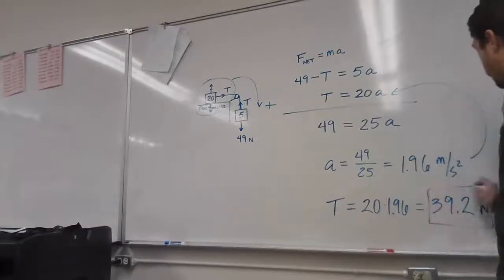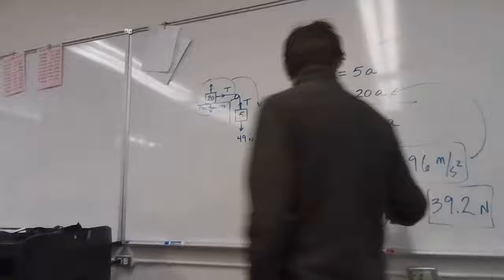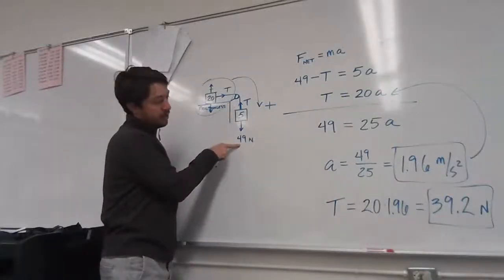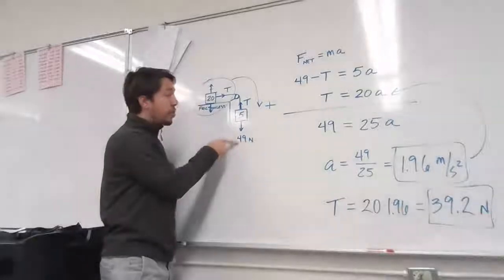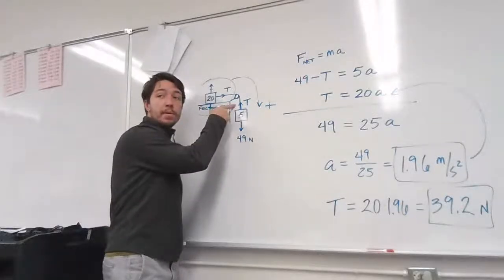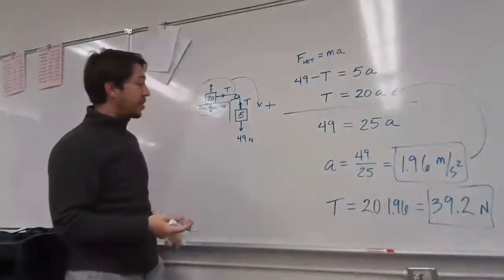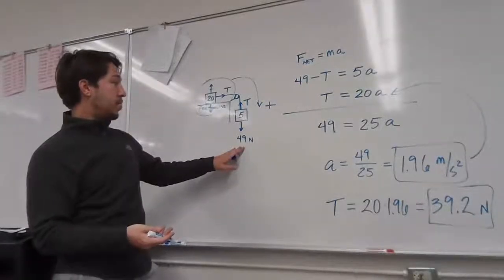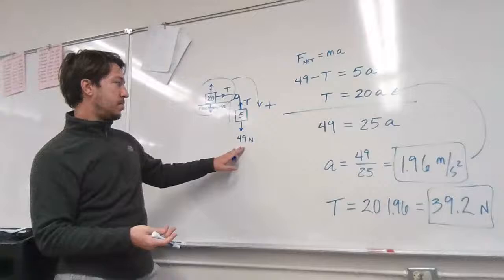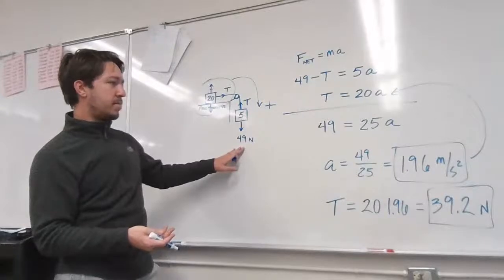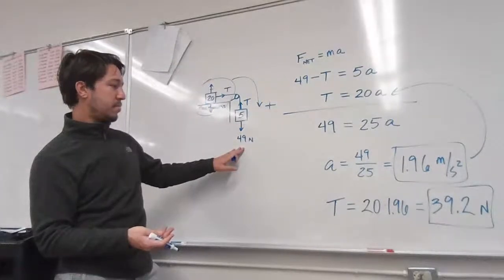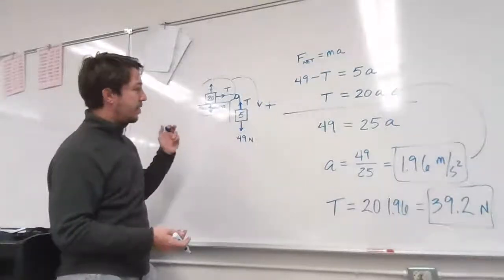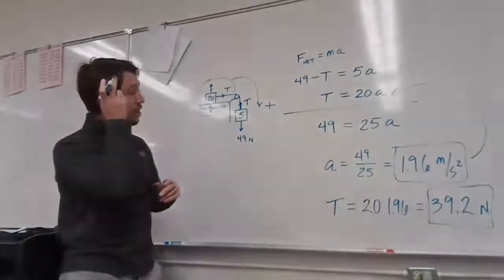Now, think about those numbers. Does that number make some intuitive sense? That 49 Newtons pulling him down, 39.2 pulling him up. So the net force on him would have been, what do you get, 9.8? Which gives you the net acceleration of 1.96.